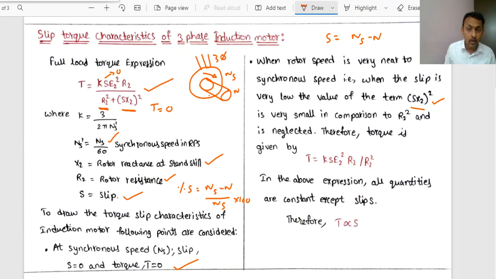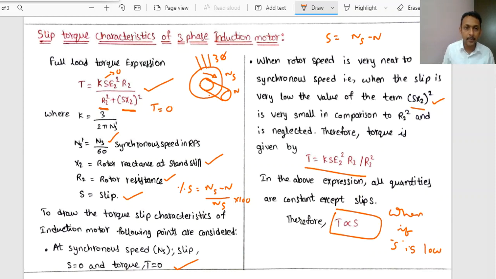Therefore, torque T equals K S E2 square R2 by R2 square. R2 gets cancelled out. So in this equation, almost all the terms are constant except S. So we can observe here that torque is directly proportional to S when S is low.